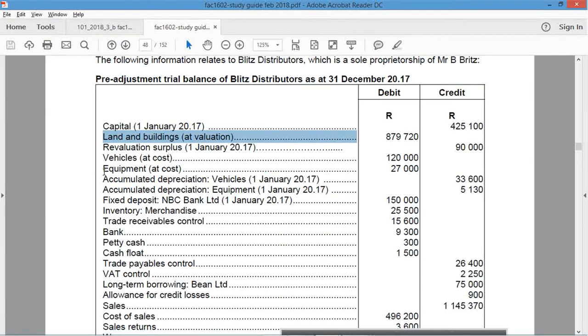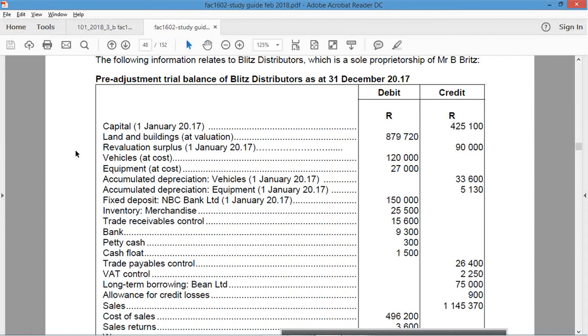Then revaluation surplus. That confuses me. What is it? Isn't that how much extra you got on your capital? Almost. It's a revaluation that would have been done on an asset.